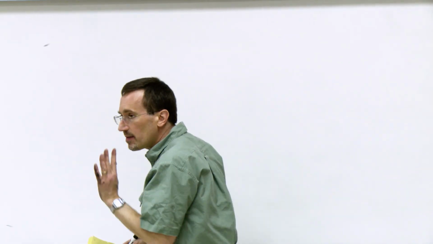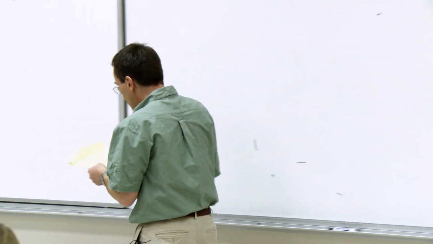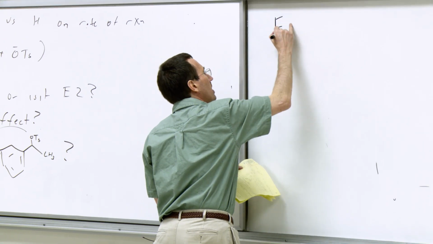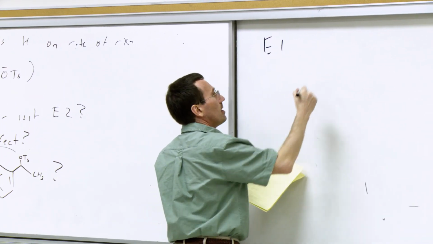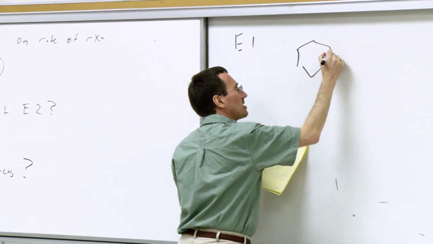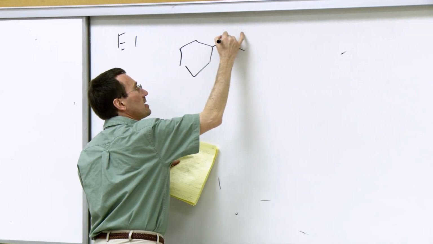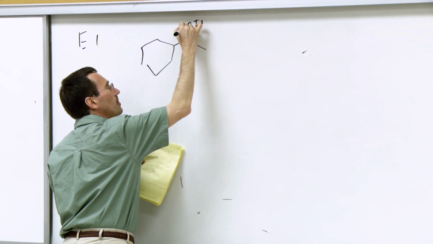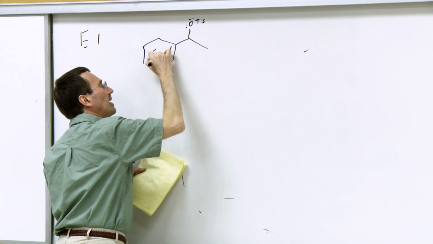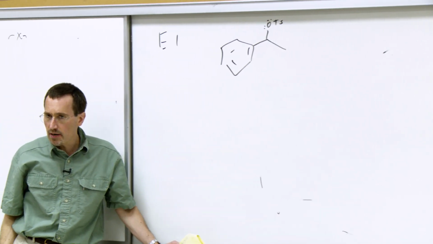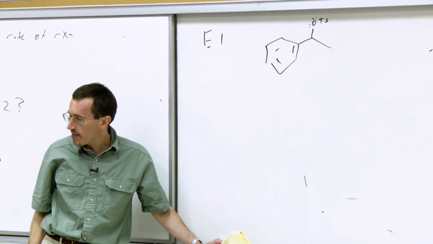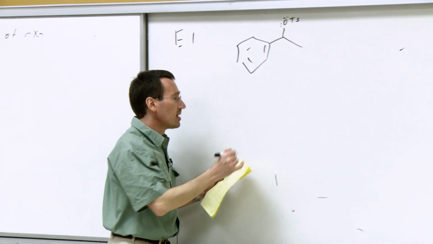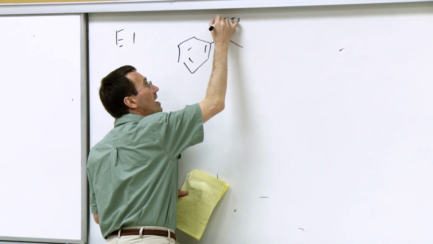All right, so if the mechanism is an E1 mechanism, then we would expect, remember, E1 is elimination unimolecular. E1 mechanism means in the rate determining step, you get formation of a carbocation. And so I'll write a curved arrow for this.